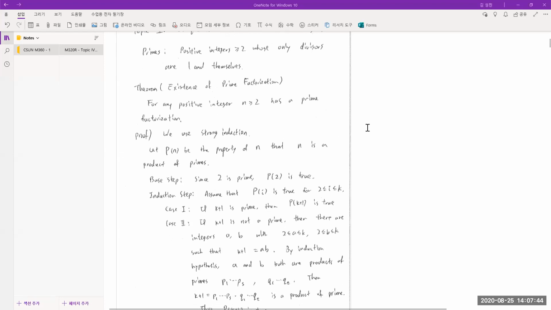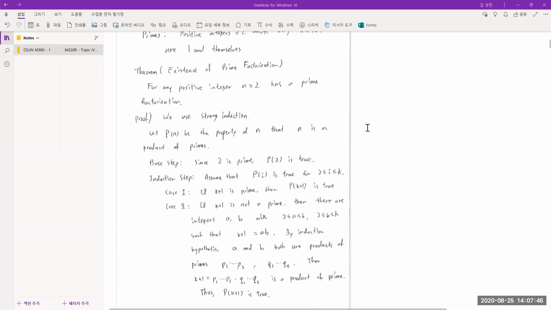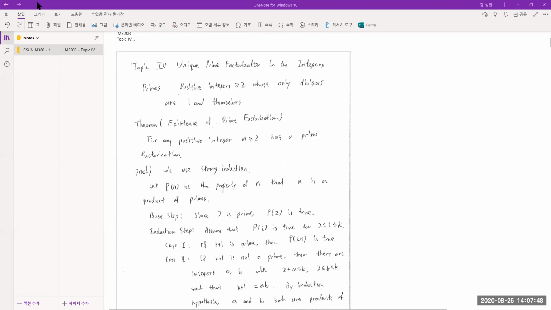Also, I'm going to use this OneNote. Basically, on the OneNote, I copied my lecture notes so that I can annotate on them. So there will be annotations as I go through the notes, like that.